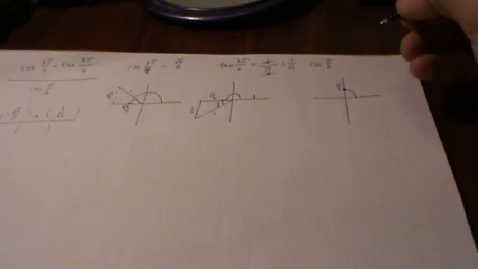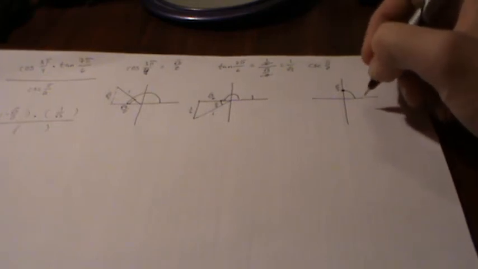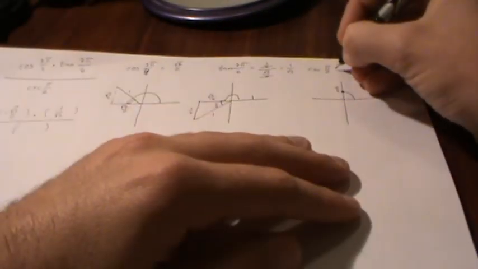You got to think, oh man, there's a problem here, because there is no triangle that we can use here. All right, and so for the cosecant of pi over 2, let me go back to cosecant.